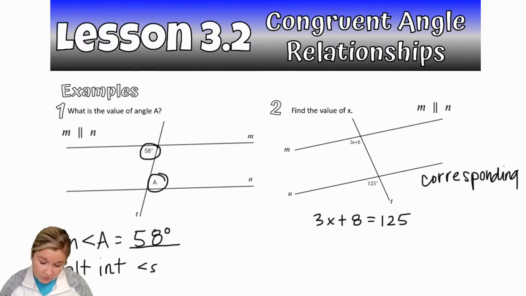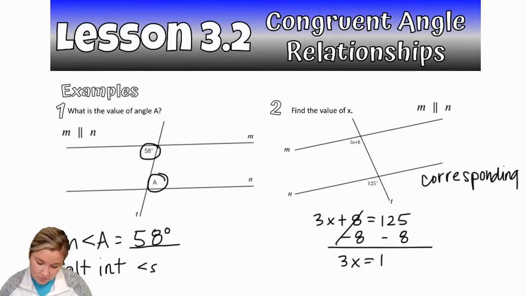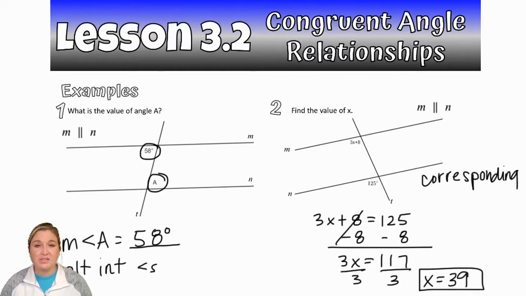So then to solve this for x, I'm going to get x by itself. I'm going to start off by subtracting 8 on each side. And so I'm left with 3x is equal to 117. And then I'm going to divide by 3. And so x is equal to 39. So it's not going to be 39 degrees. It's just going to be x is equal to 39, and that would make this angle congruent to this angle here.